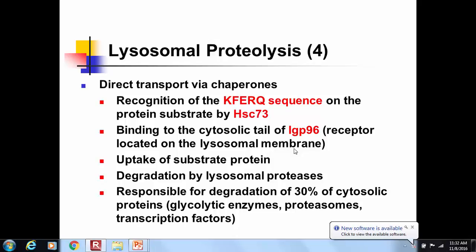This system is responsible for the degradation of about 30% of cytosolic proteins, for example glycolytic enzymes, proteasomes, and also transcription factors. These types of proteins can be degraded through the direct transport via the chaperone mechanism, right?